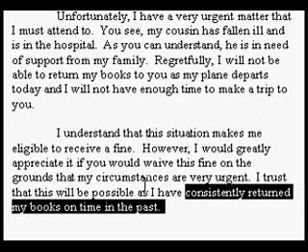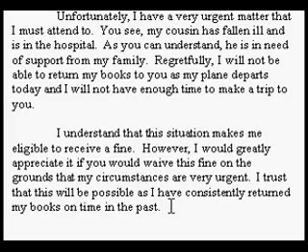Now this last part here, in a way we're just trying to subtly point out that we've been pretty good borrowers in the past, and this is the first time that an issue like this has come up.